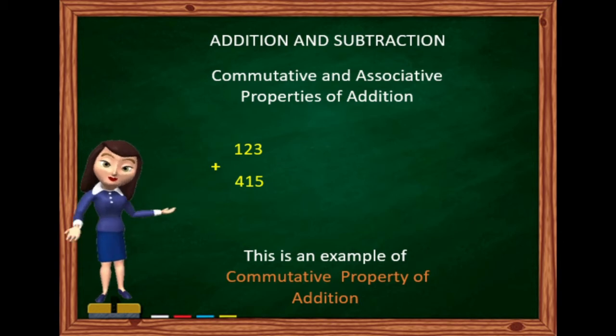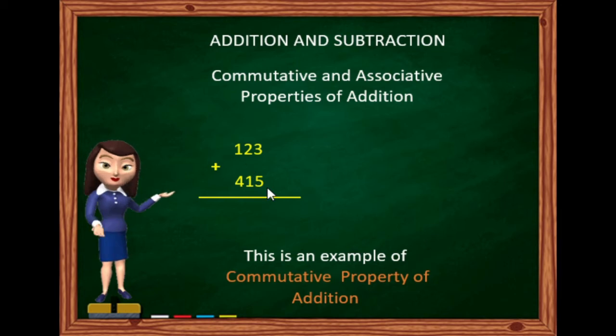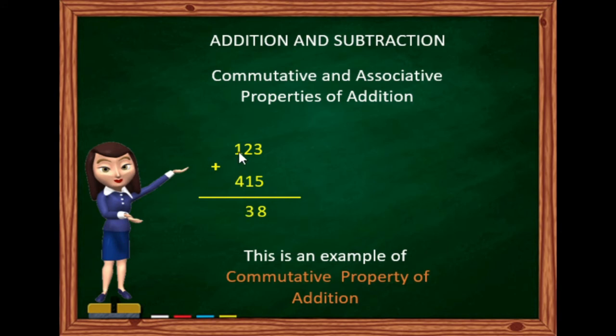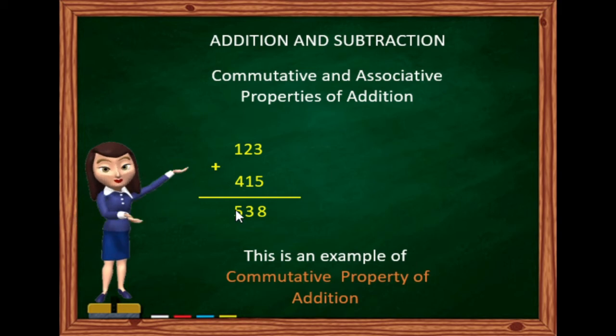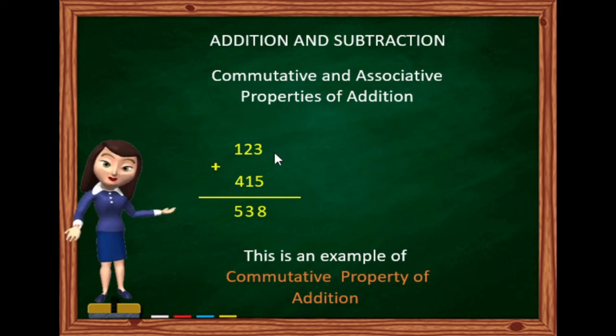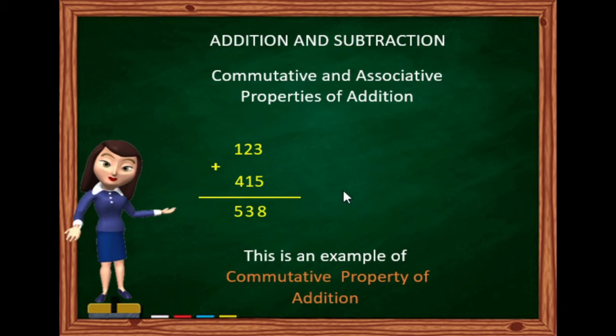Right? Let's try to solve it. We have here 3 plus 5 equals 8. 2 plus 1 equals 3. 1 plus 4 equals 5. Our sum for this equation is 538.